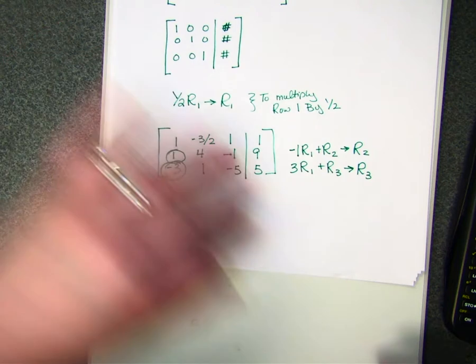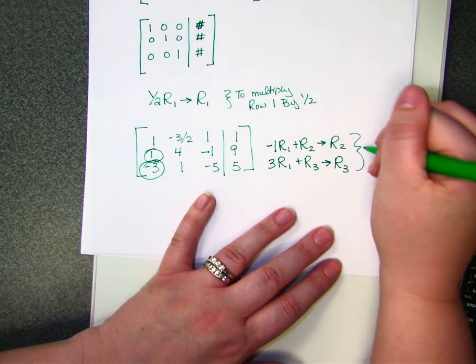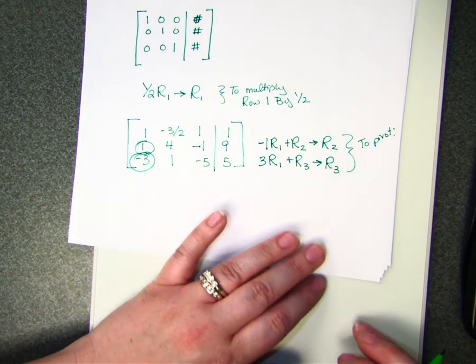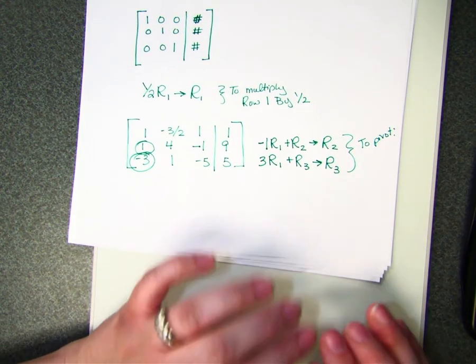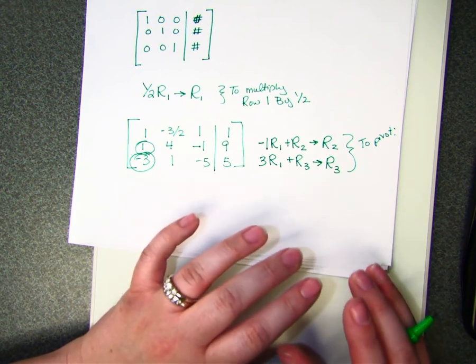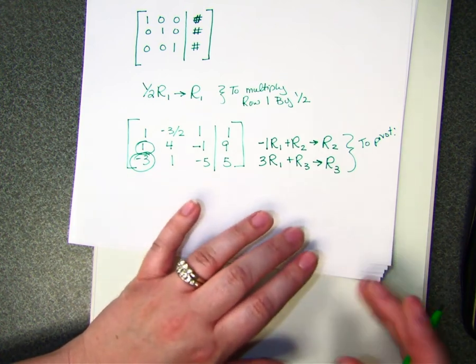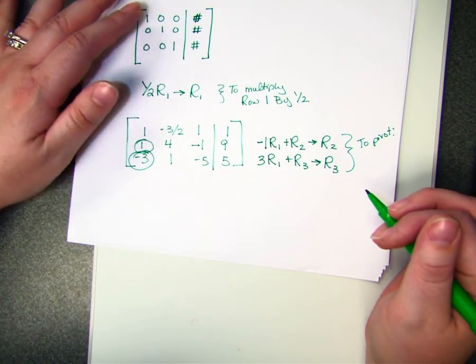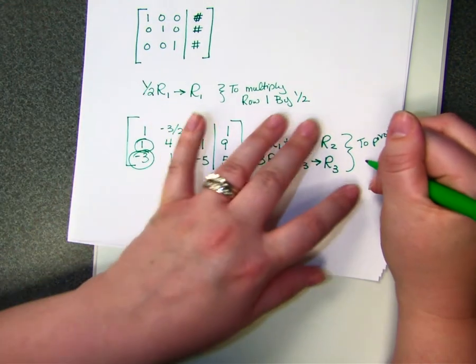Now in your calculator, this is all under the pivot function. However, to use the pivot function, we need to tell our calculator which entry needs to remain a 1 because everything else is going to turn into zeros. So the thing that we want to leave as a 1 is this number in the upper left hand corner.